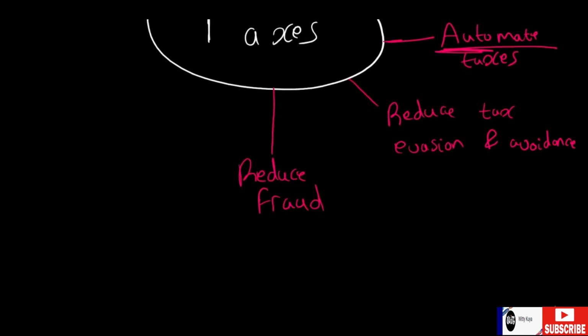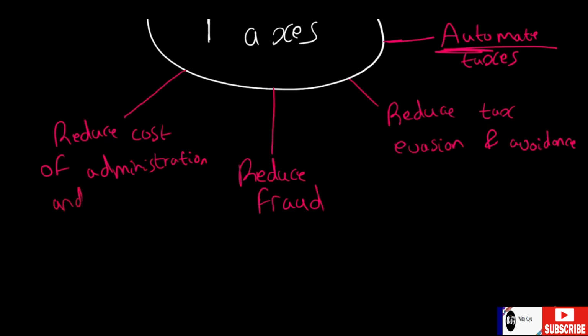It can, and this is one of the biggest things that blockchain can help reduce in probably every implementation, every use case, reduce the cost of administration on the government as a whole.